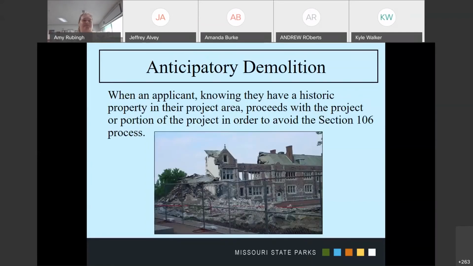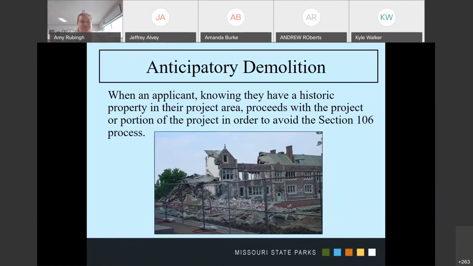But what they do have to determine is if the applicant carried out something called anticipatory demolition. So if there's a foreclosure, they have to determine if they damaged or destroyed any historic properties. But they also have to determine if an applicant, knowing that they had a historic property, knowing that that property was there, or that they were going to damage it with their project, went ahead and did their project before applying for federal funding or their permit or whatever, to avoid having to comply with Section 106.